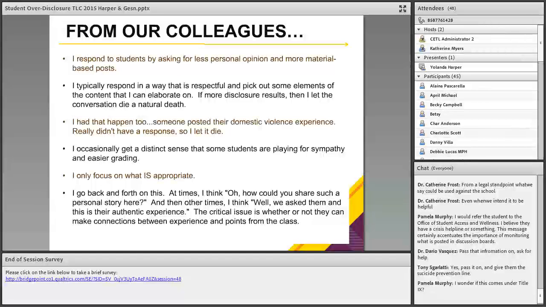It depends. If the faculty member says nothing, and then 3 or 4 other students jump in with an extremely over-identified enabling response, then the behavior has been enabled. So if we choose not to respond, it's still a good idea to keep an eye on the discussion board to see what else is happening. In this particular case, nothing much else happened. There was no response from other students.